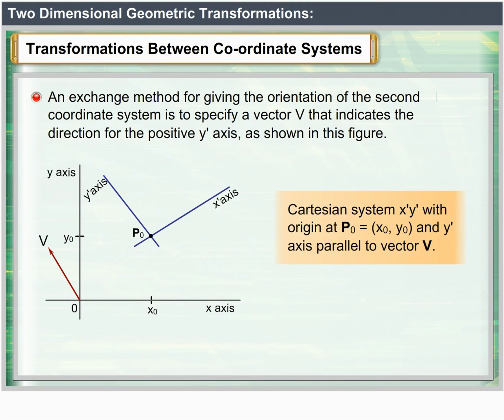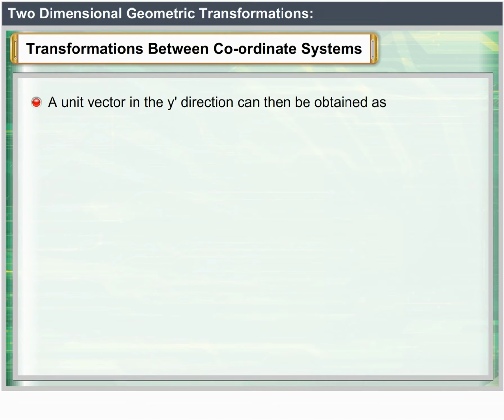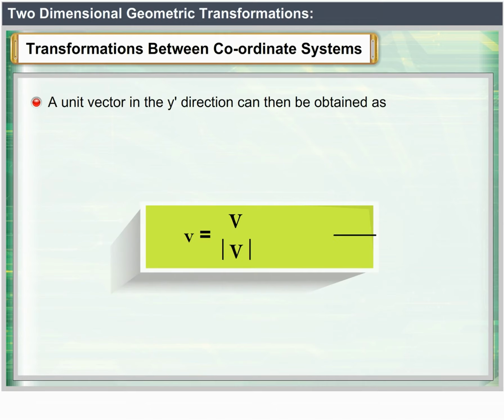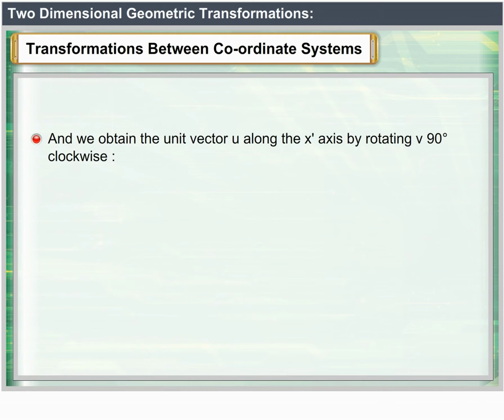A unit vector in the y dash direction can then be obtained as shown below. And we obtain the unit vector u along the x dash axis by rotating v 90 degrees clockwise, shown below. The matrix to rotate the x'-y' system into coincidence with the xy system can be written as shown.